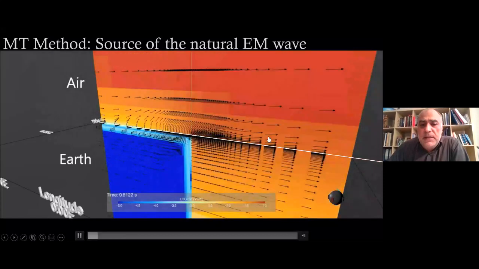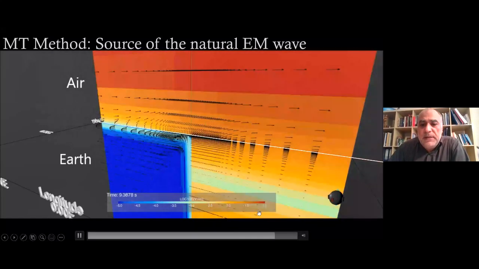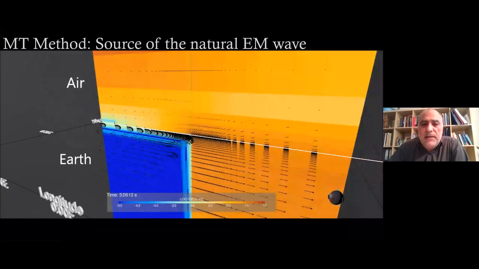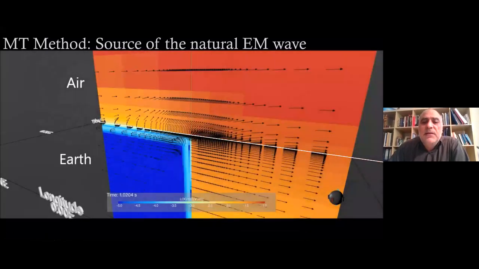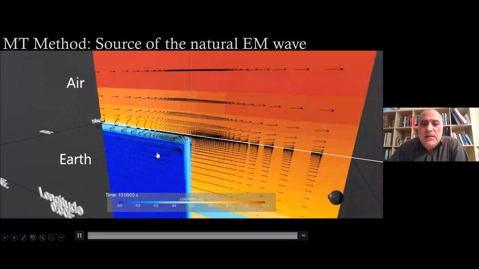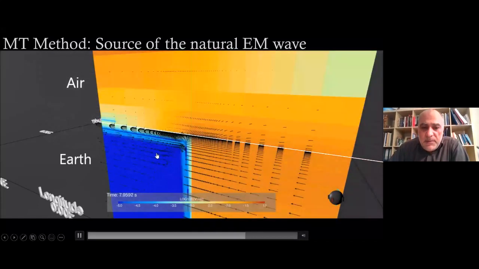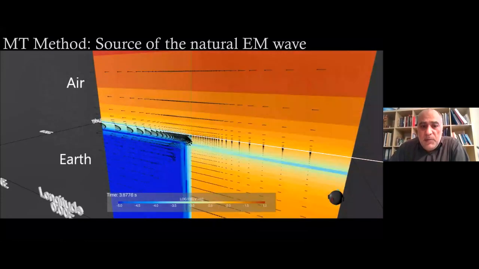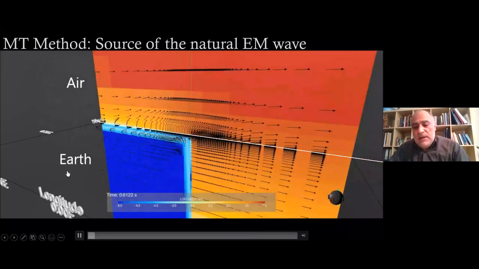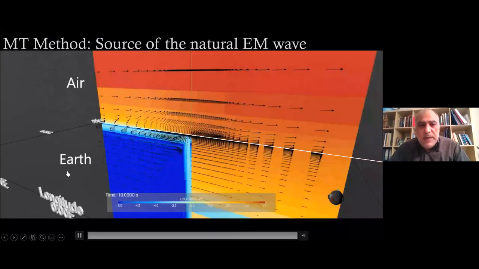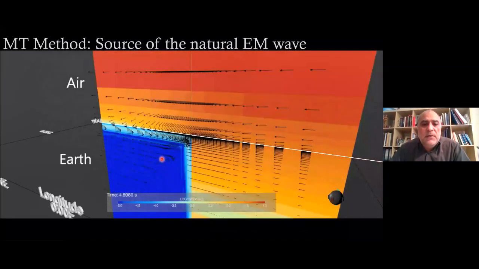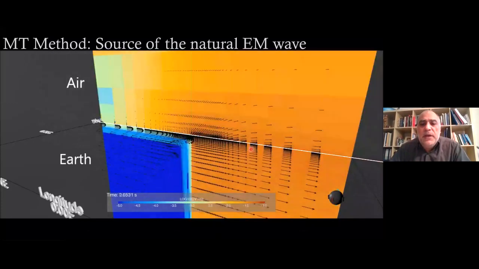The colors here are red for high amplitude of the electric field. So we are not looking at the resistivity of the subsurface in the colors, but they are related to the amplitude of the electric field as a function of time. And the model itself contains a conductive background.